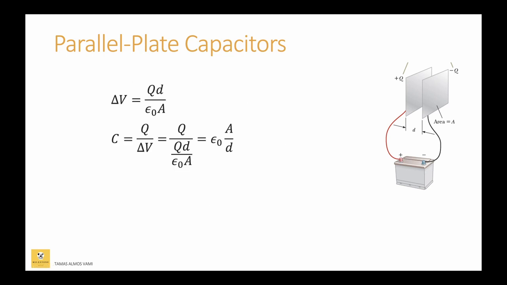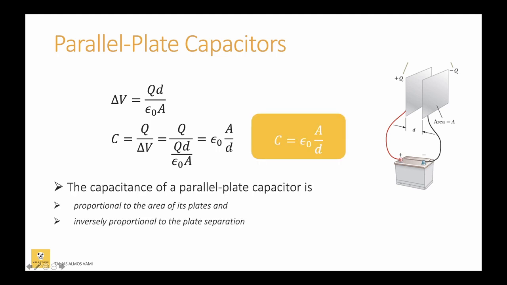The question was about the capacitance, which we defined to be the ratio of the charge and the delta V. So now, including our latest information about delta V, we get that the capacitance of this parallel plate capacitor is going to be epsilon 0, the vacuum permittivity, multiplied by the area divided by the distance between the two plates.